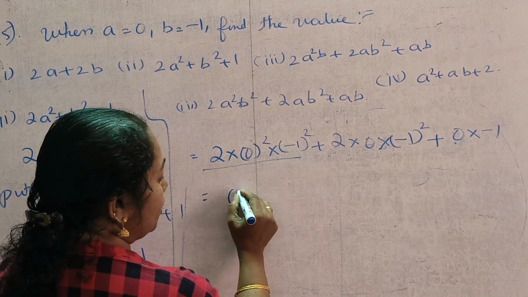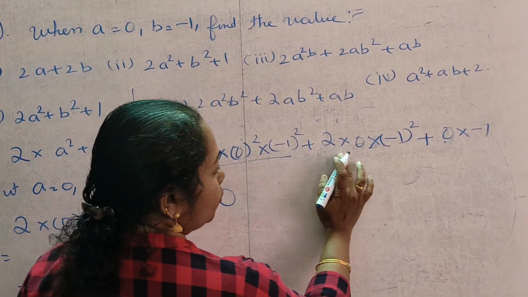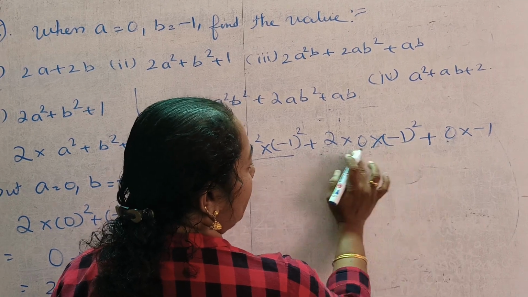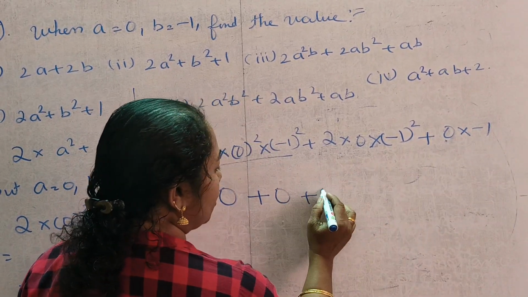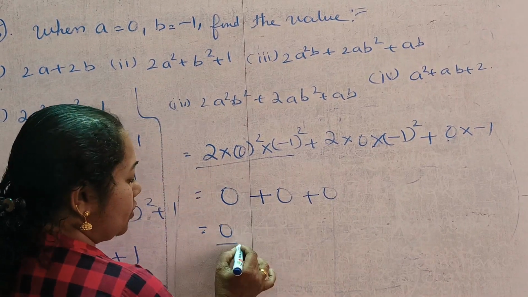So this is 0. Now plus 2 into, again 0 multiplied by any number is 0. So plus 0. So the answer is equal to 0.